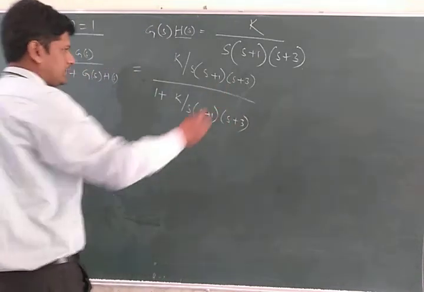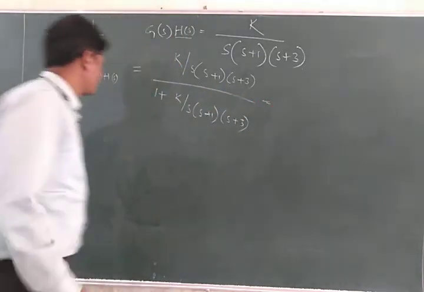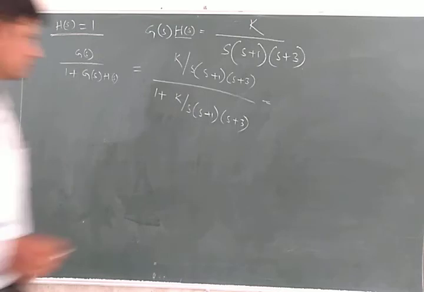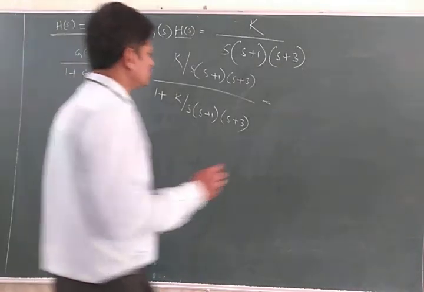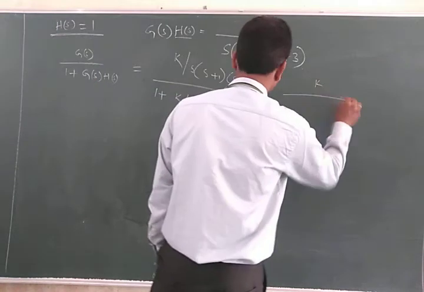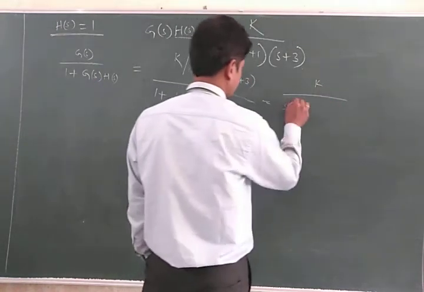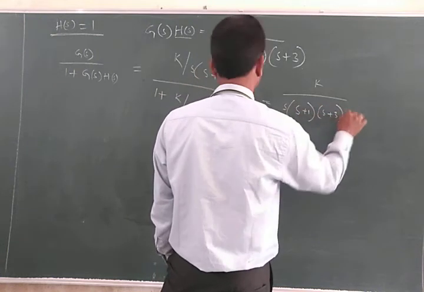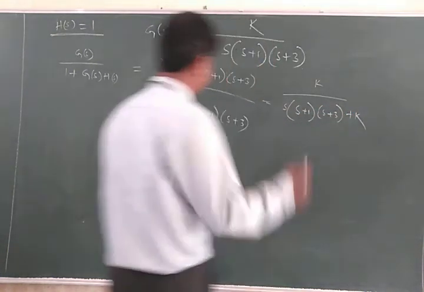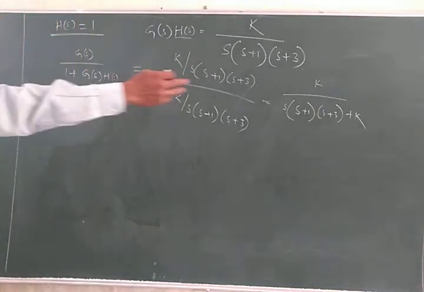So 1 plus G(s)H(s), the most important part we want to find out, is s(s plus 1)(s plus 3) plus K, over s(s plus 1)(s plus 3). This is the total transfer function.